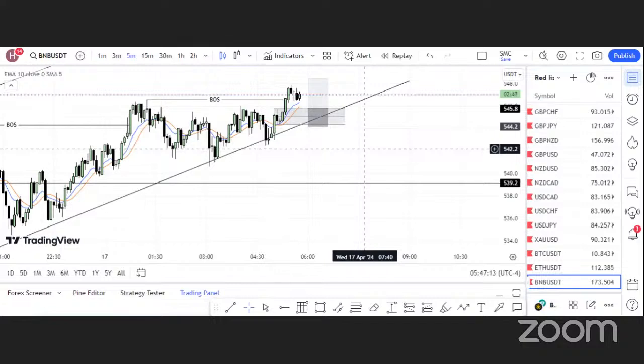All right, so less than 3 minutes to the end of the current candle. Okay, so the candle is still trying to get into our entry point.